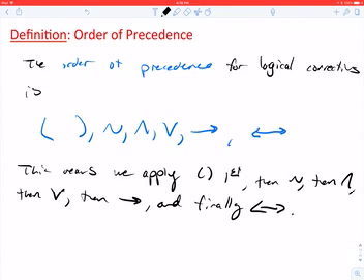Okay, so that's the order in which we approach things if there were no grouping symbols. This is the order in which we do things.